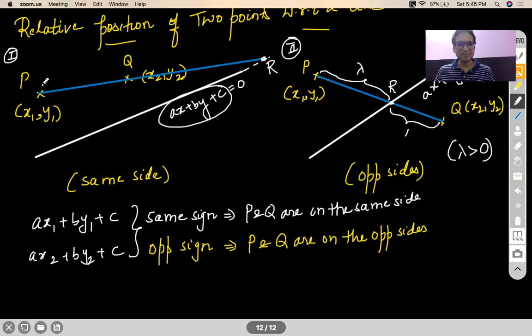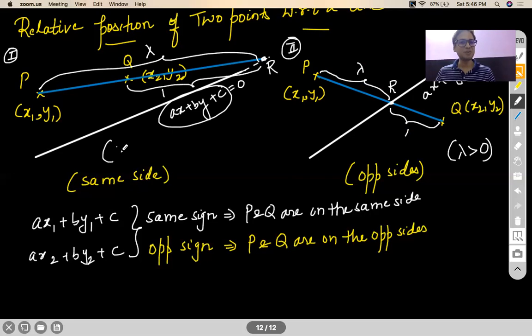And if I claim this to be lambda is to 1, then here my lambda would be negative because it's a case of external division. So from this lambda value, I can come to know whether the given points are on the same side or they are on the opposite side. How? Let us see that.